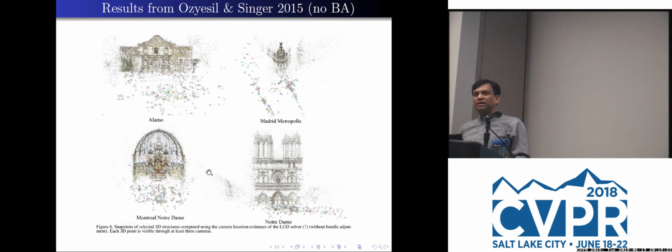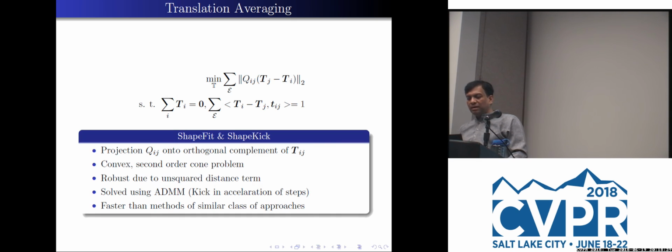It's fairly accurate. It shows that you can actually get a lot of mileage by just looking at this relative motion averaging idea. Okay? Now, in more recent work, there has been this idea of ShapeFit and ShapeKick, I think ECCV 2016. And so what they did was, see, everyone's playing around with the same set of constraints, right? So what they did is they said, fine, we will minimize this orthogonal projection component, but the constraint we will impose is of this form.